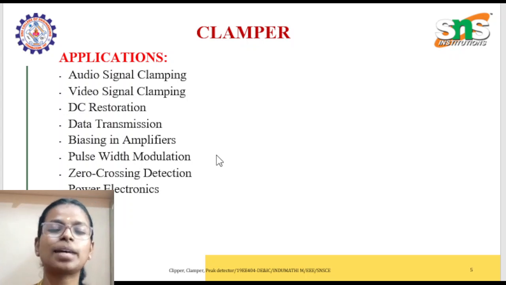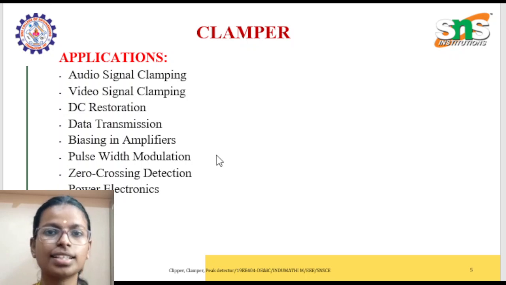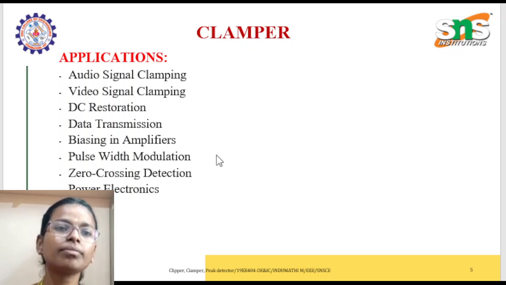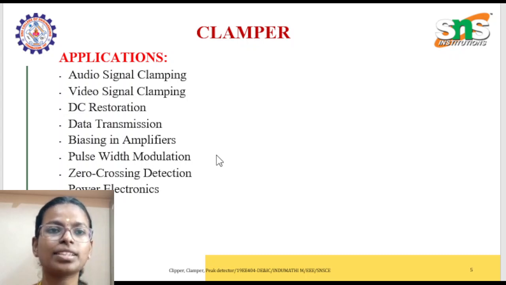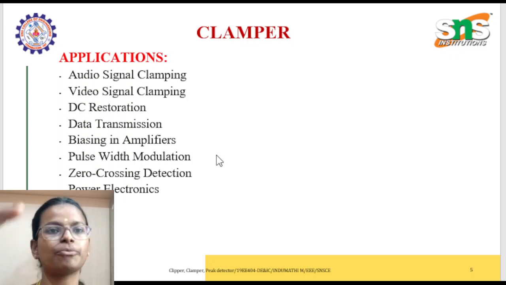For example, if the waveform is at 0 and we give 2 volts DC, it is clamped; we are giving positive, so it just moves upward. So we can move the waveforms.